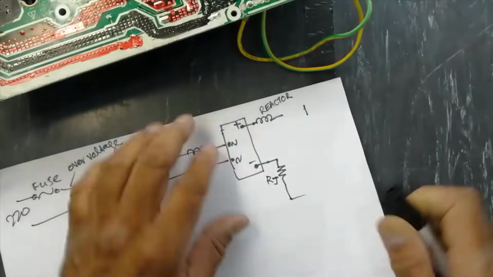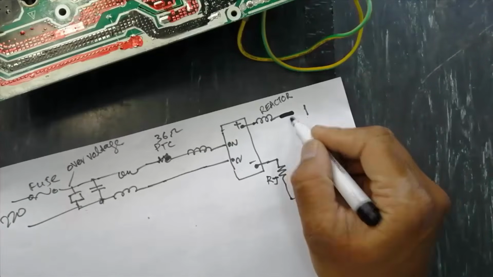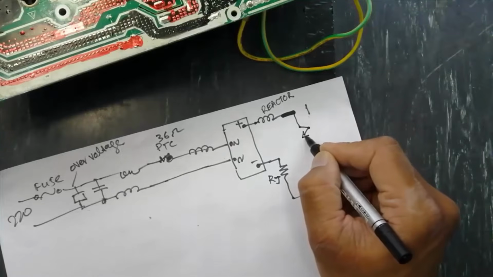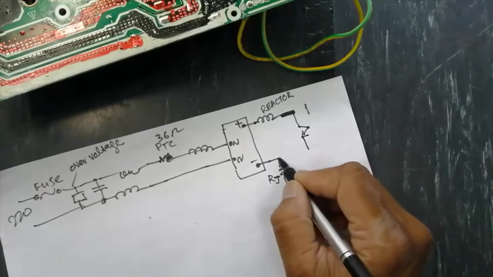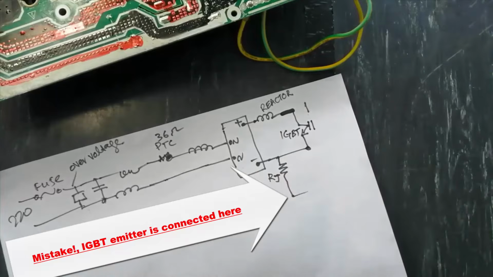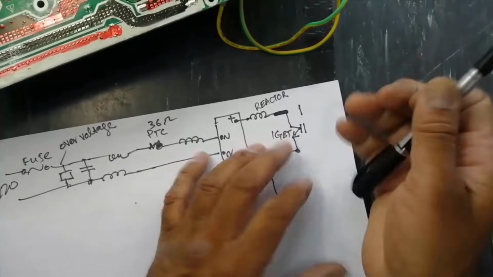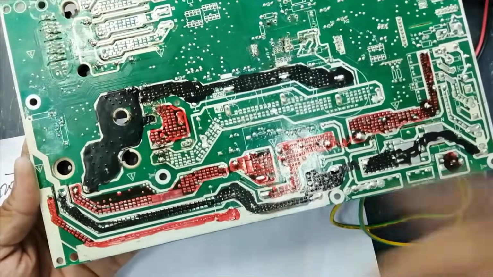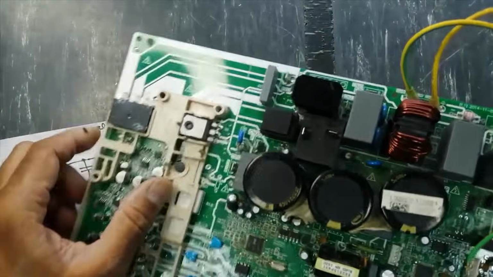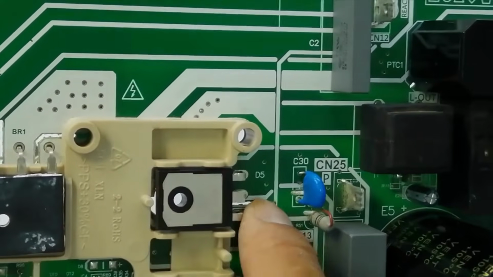So the reactor reached the collector of the IGBT, and so our voltage reached this point, and then there is a diode, a power rectifier, a Schottky power rectifier here, that is a forward bias diode.